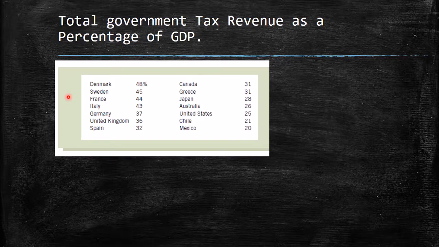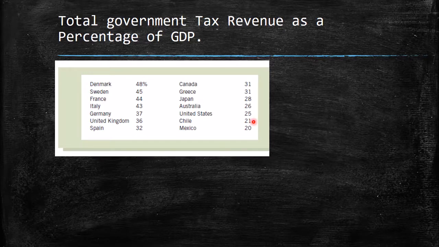When those countries receive more money, the governments are able to spend more on social programs like social security, unemployment, and elderly people. So this is a plus for the government. Here is the United States, at around 25%.